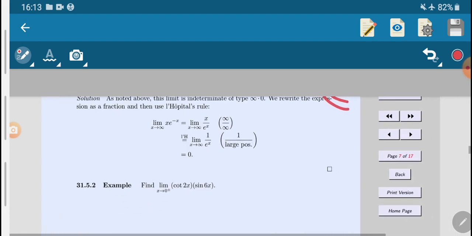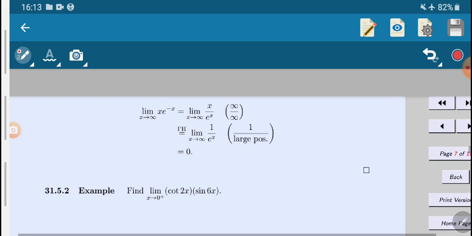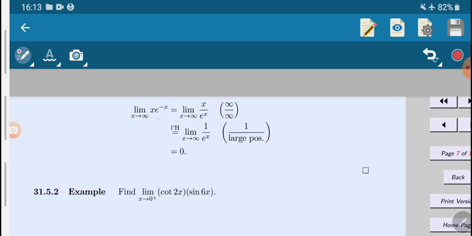Let's see how. If we're going to find the limit when x tends to infinity of x e power negative x, I can write the limit for x tends to infinity as x over e power x. Replace x by infinity. It becomes infinity over infinity, which is an indeterminate type. So we can take the derivative up and down.